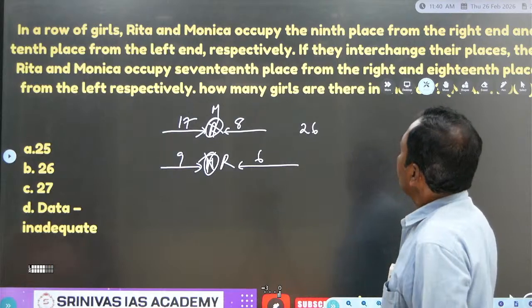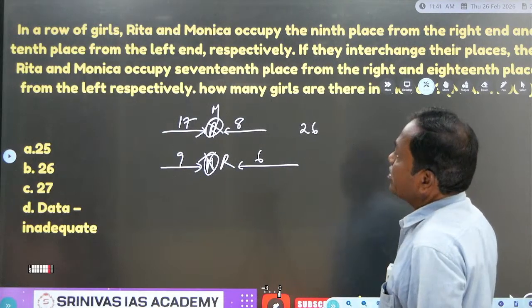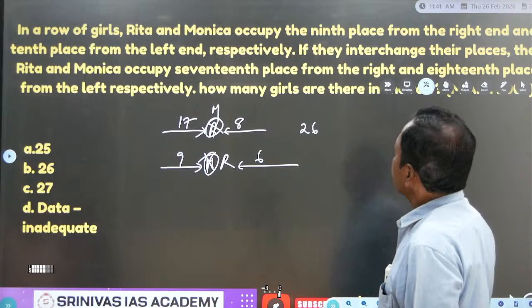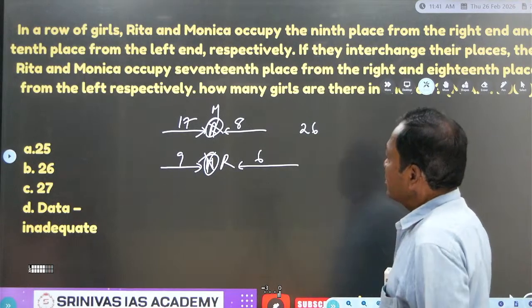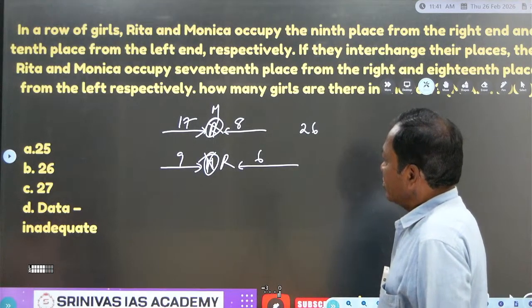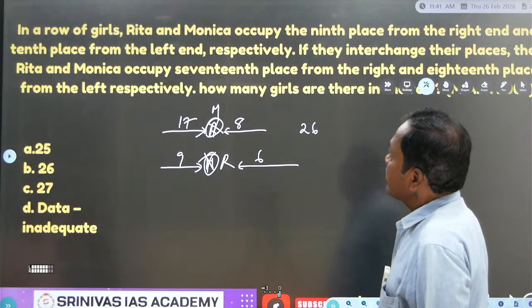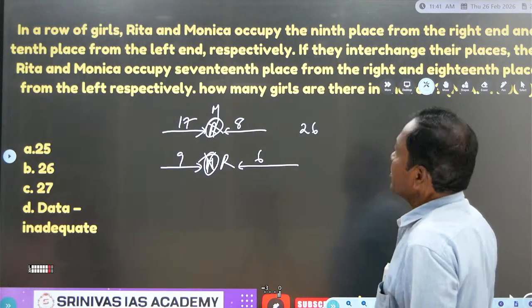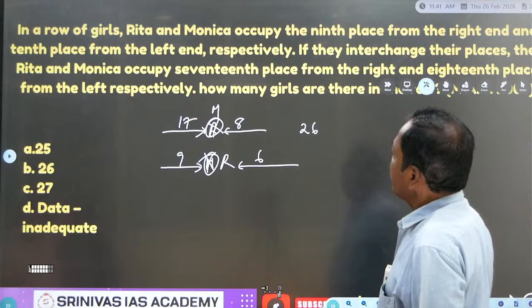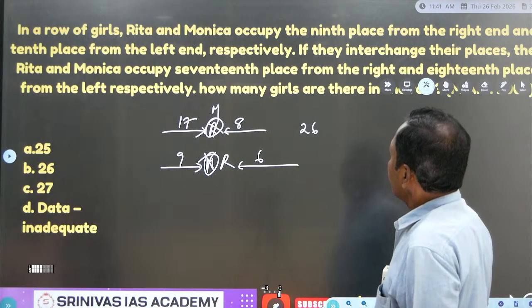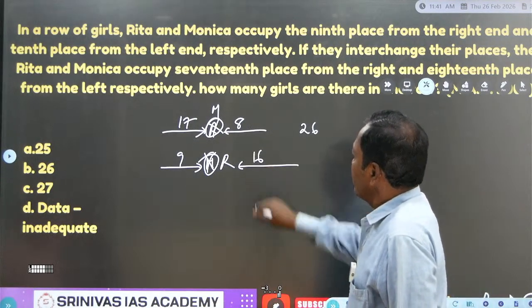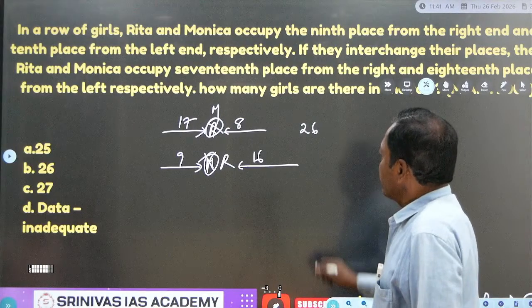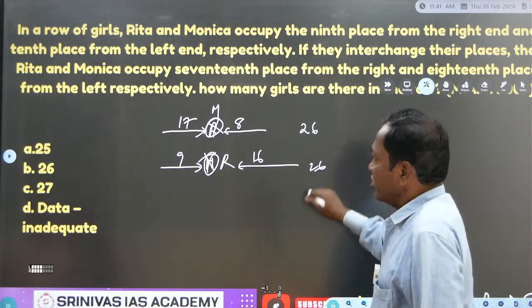Rita and Monica occupy the 9th place from the right and 10th place from the left, respectively. They interchange. Why is this 16th? 17th place from the right. 16th, yes. This is all 26.